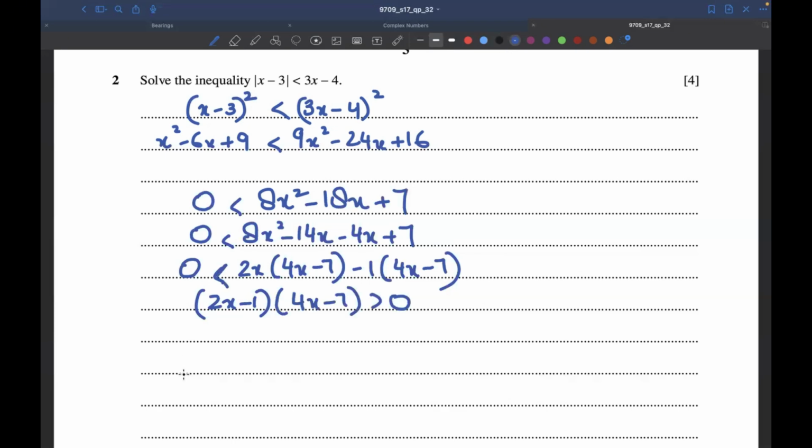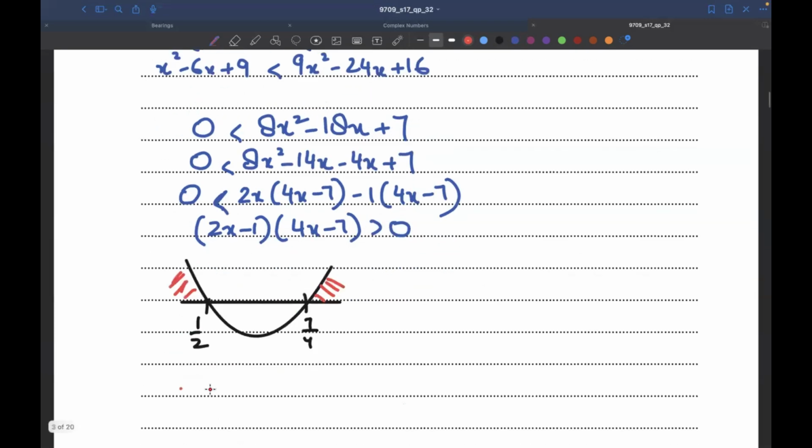Now using a quadratic curve to understand how to give this as an inequality, x will be 7 upon 4 and x is 1 upon 2. And it is greater than 0, so we need values which are above the x-axis. So the answer will be x is greater than 7 upon 4 and x should be less than 1 upon 2.